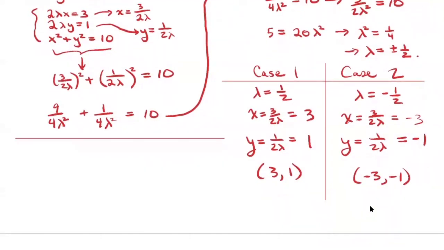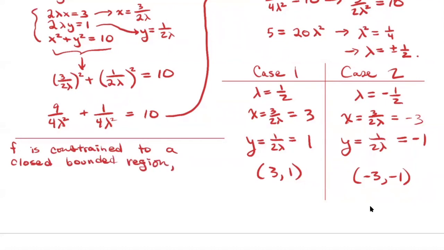So we've got this function that's defined over a closed and bounded region, which is the constraint curve. So f is constrained to a closed bounded region, which is the constraint curve.